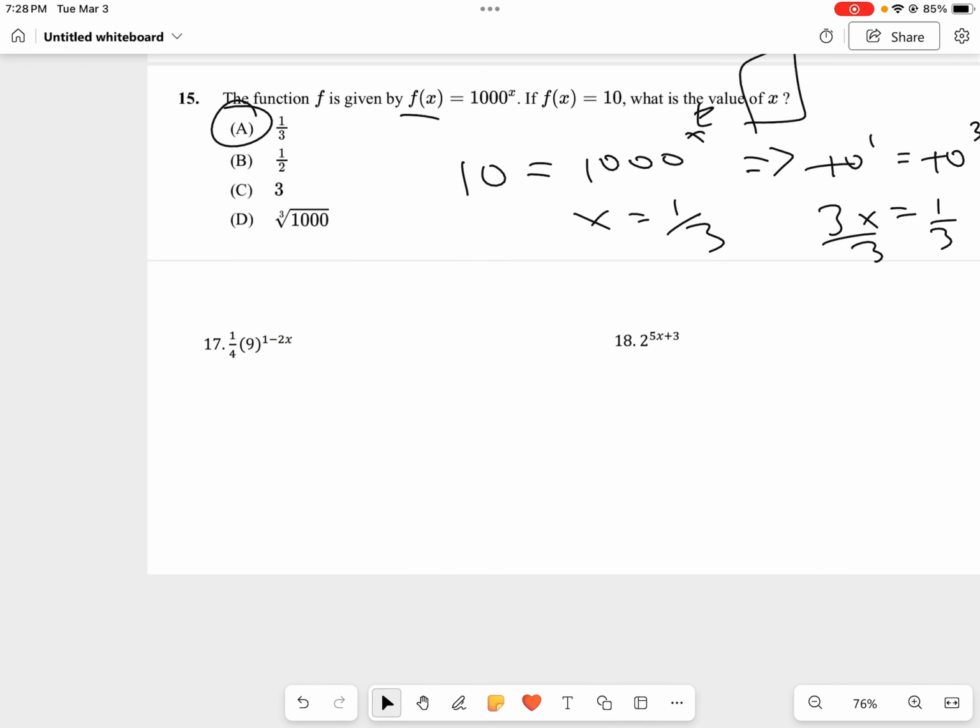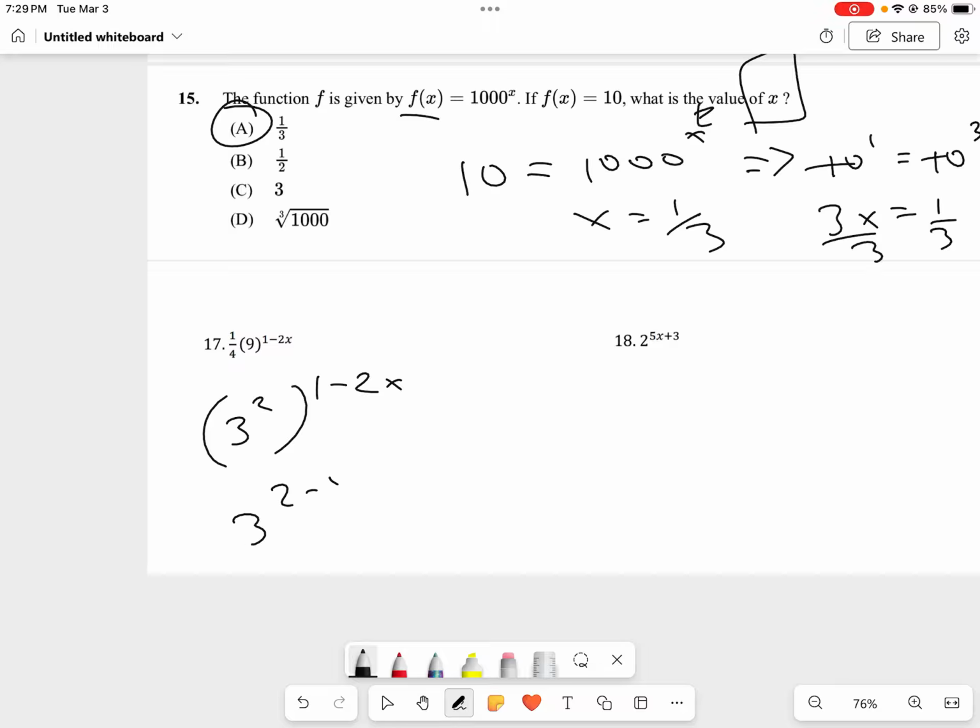See, this one, they want us to rid them of the horizontal transformations, which means just to get x alone. So what do we know here? We know that that's just 3 squared times 3 to the 1 minus 2x. So let's simplify that as 2 minus 4x, okay? And obviously we're going to multiply all that by 1/4, but we'll take care of that later.